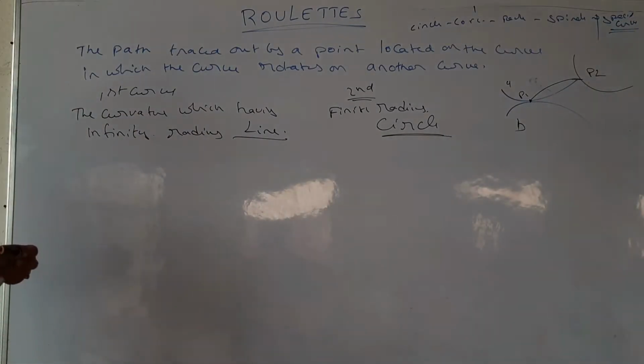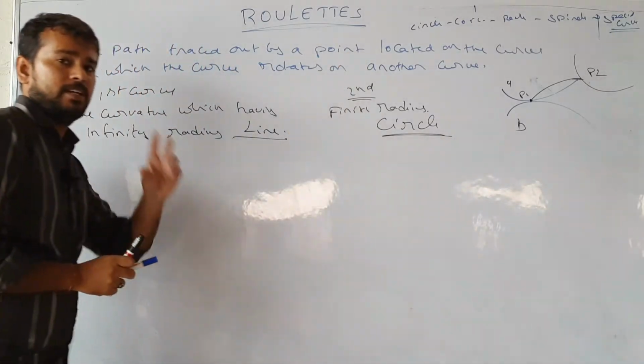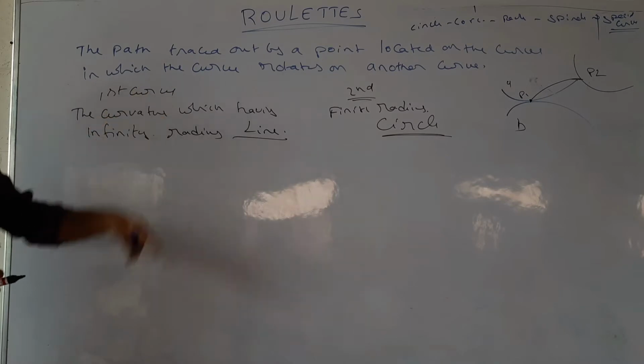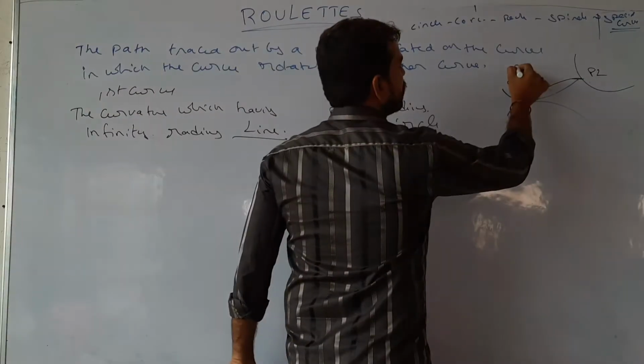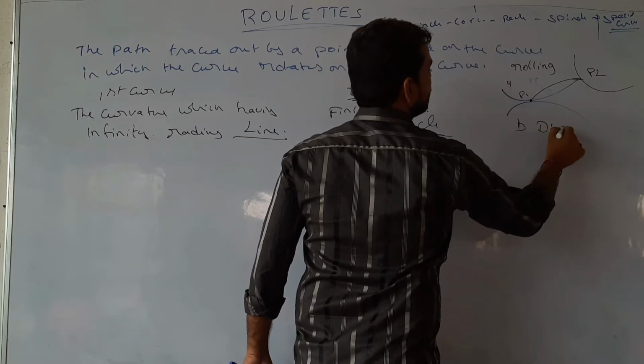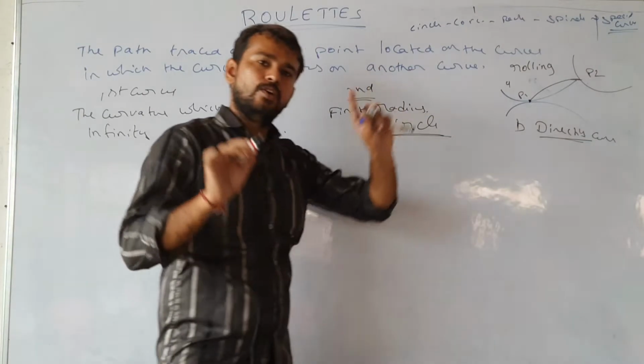As one curve should rotate on another curve, let us say there are two curves: one is the rolling curve and the other is the directing curve. Let us say this is the directing curve and this is the rolling curve.